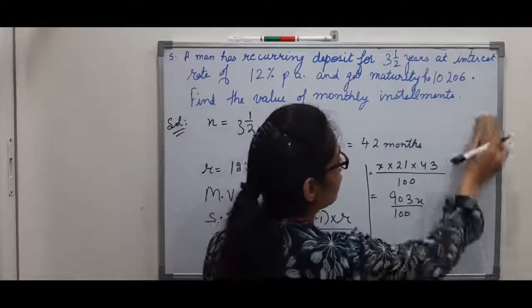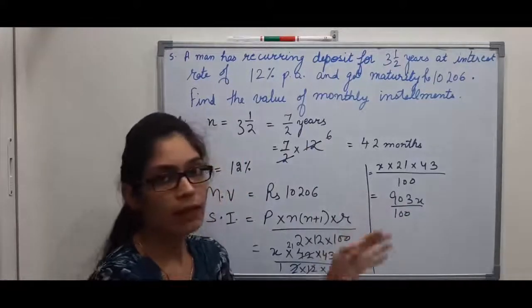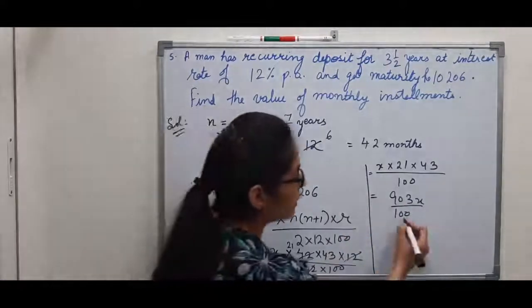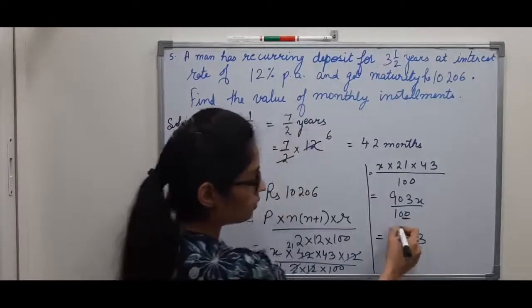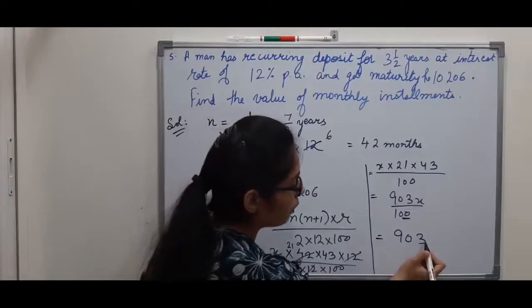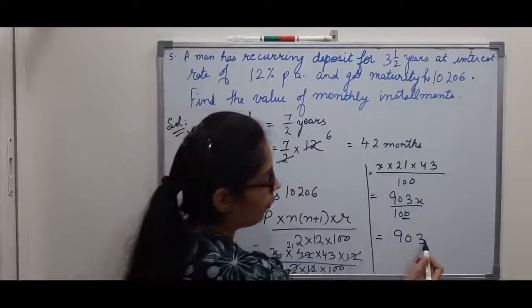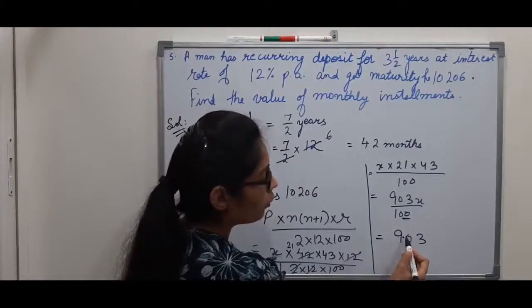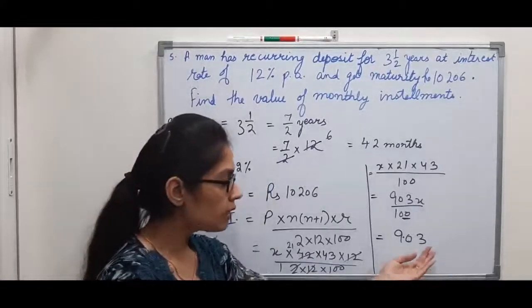And if a number in your denominator is in this form 10, 100, 10,000, you will just count the number of zeros. Here number of zeros are 2. So from right hand side you will count your number of digits of the given number in numerator, 1, 2. So after 2 digits you will put a decimal. You have to count from the right side.